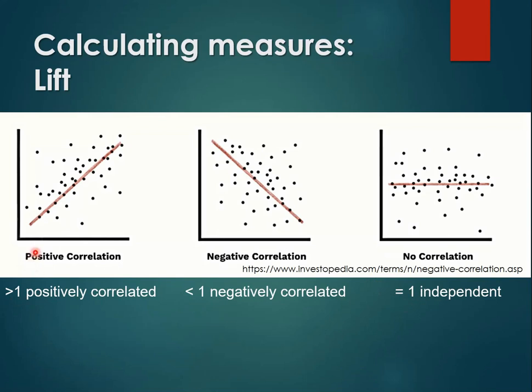For positively correlated, the more you purchase x, the more the amount of y also increases. For negatively correlated, the more you purchase x, the lesser the amount of y purchased. For independent events, the amount of y doesn't change regardless of how many x you purchased.